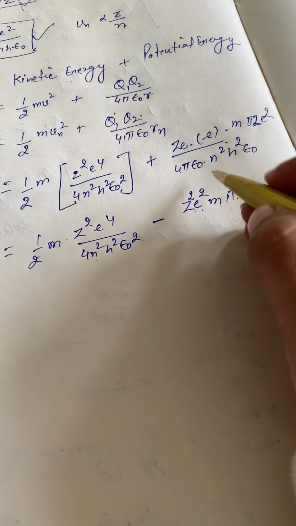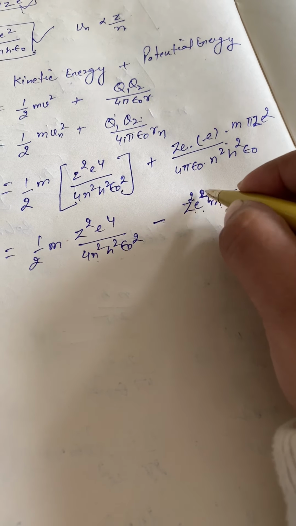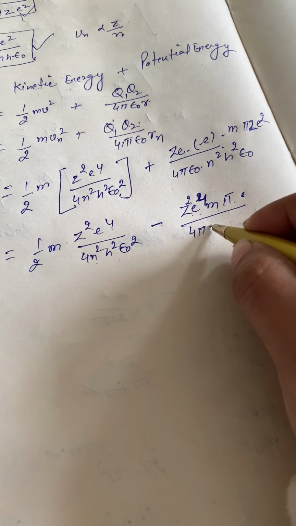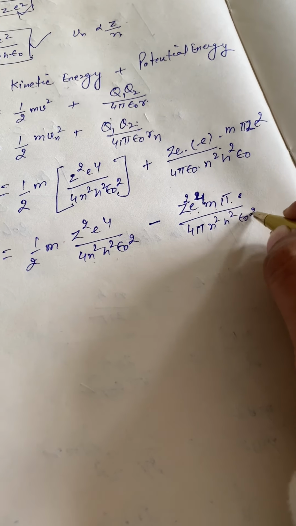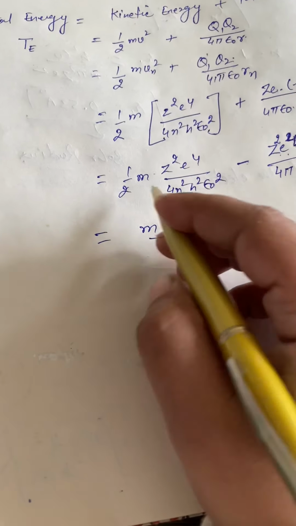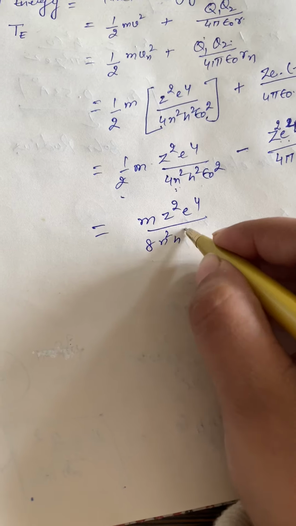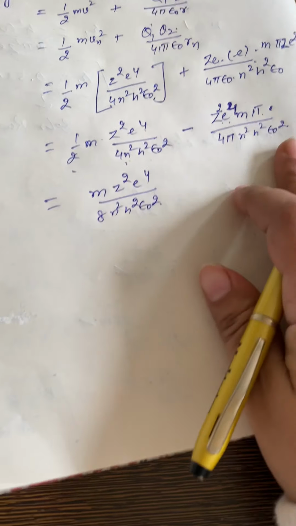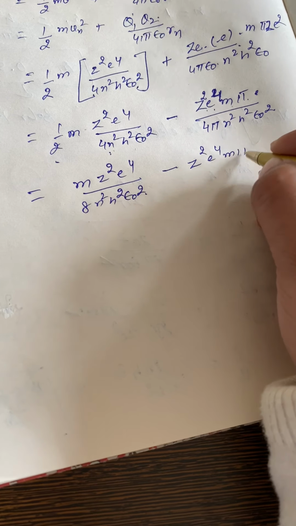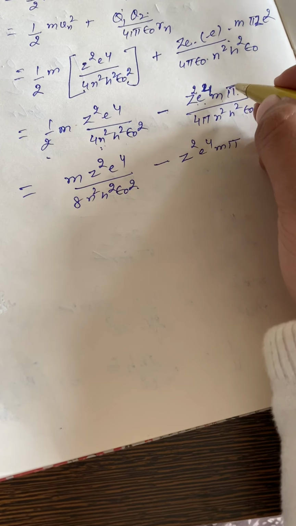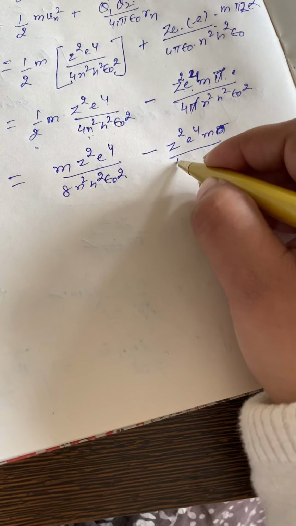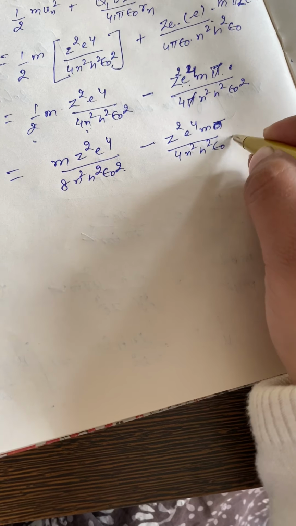Already we have e raised to power 2, so it will become total e raised to power 4, divided by 4 pi n square h square epsilon naught square. Then we have m z square e raised to power 4 over 8 n square h square epsilon naught square minus z square e raised to power 4 m pi. Here pi will be cancelled, so 4 n square h square epsilon naught square.